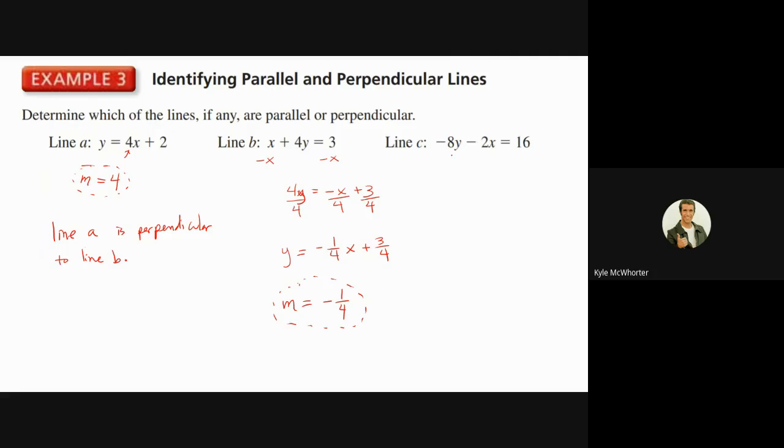Now I just need to find the slope of this last one. So I'm going to get y by itself again. So I have a minus 2x, so I'm going to add 2x to both sides. So then I have negative 8y equals 2x plus 16. Then I need to divide everybody by negative 8.